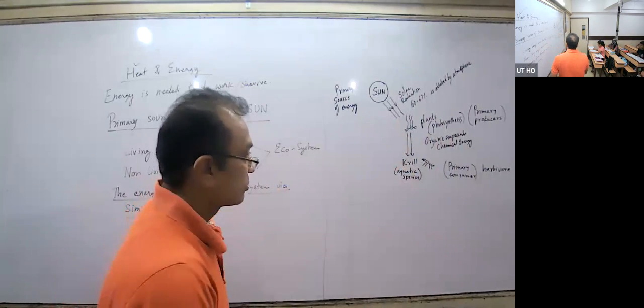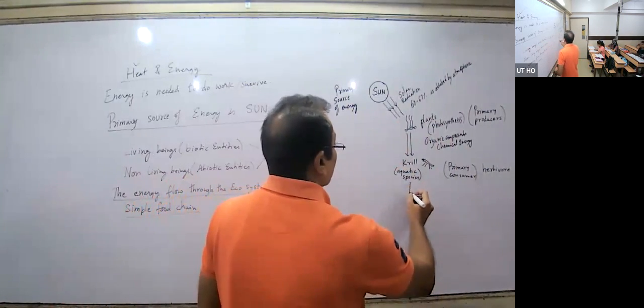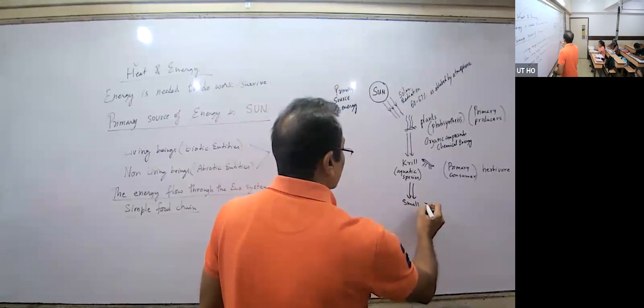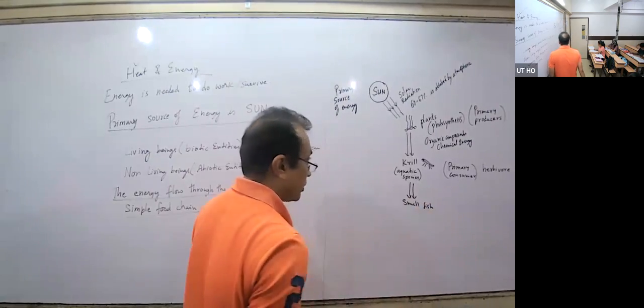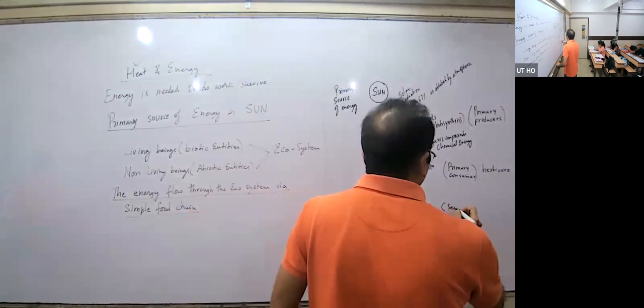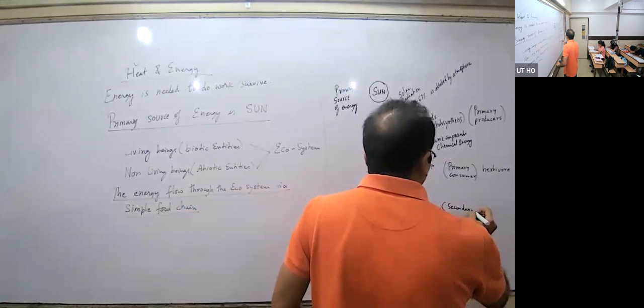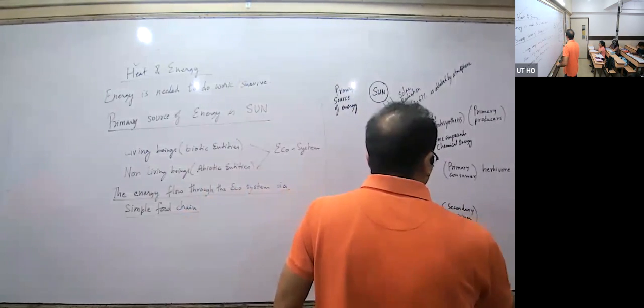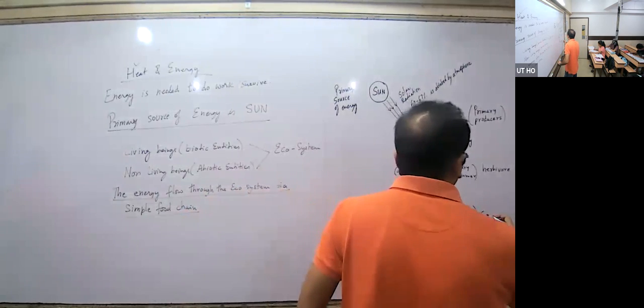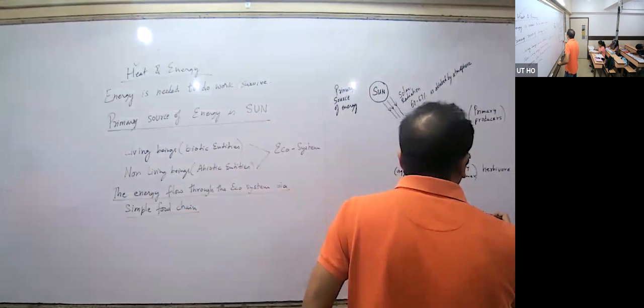Okay. So next, krill is eaten by small fish. Right? So this is now called secondary consumption. And it will be a carnivore, because now it is eating krill, a living thing. The plant is also living. It is a carnivore.